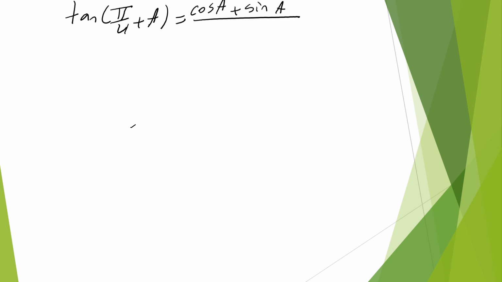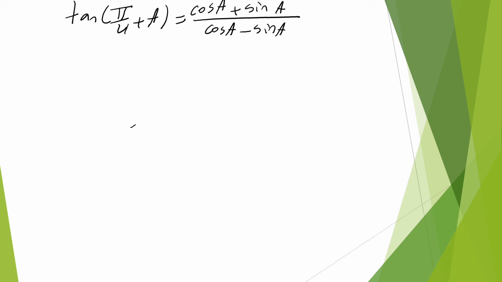Okay, we're going to work on some examples that include identities. Let's say you've got this proof: tan of pi over 4 plus A equals cosine A plus sine A over cosine A minus sine A. You can see that first, you've got tan on one side and sine and cosine on the other, so you need to change tan into sine and cosine.